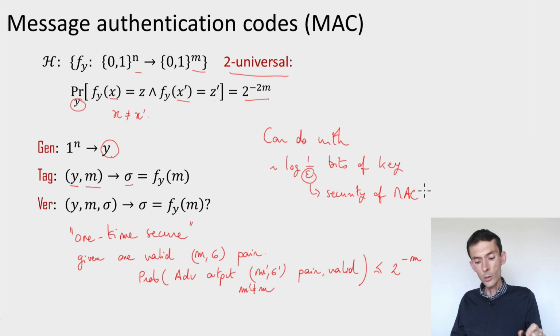So this is pretty good. You can do with a fairly short initial secret key, and as long as that key is about the length of the security that you want to achieve in the end, then you'll be able to use it and reuse it as many times as you want to authenticate all the messages that are exchanged in the BB84 protocol.